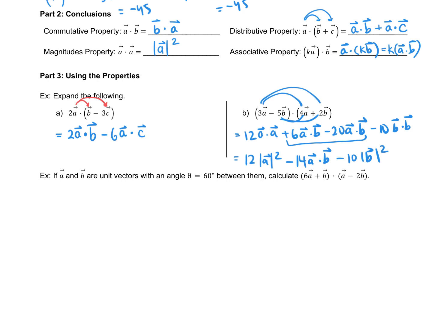All right, let's try the next example. If vector A and B are unit vectors with an angle theta equals 60 degrees between them, calculate the following. Okay, well, I'm going to start with my distributive property here because all I know is magnitudes and an angle, and I cannot add these quickly.